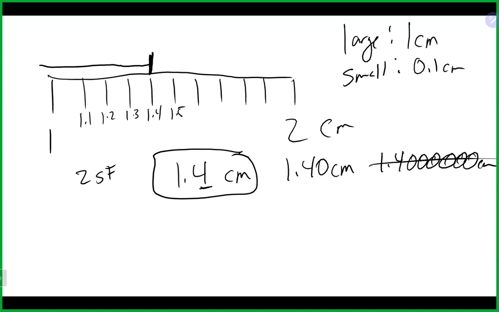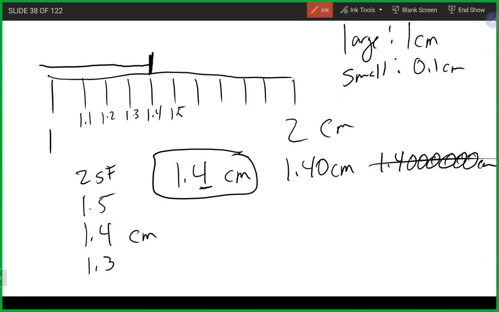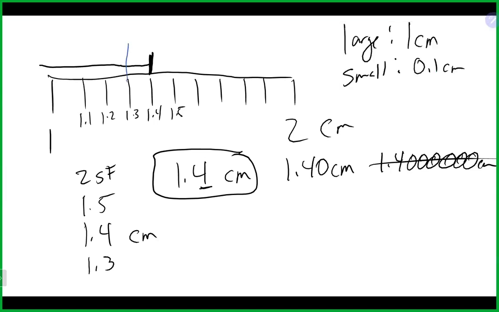So when I record 1.4 in this particular case, what I'm saying basically is I think it's 1.4 centimeters, but maybe it's like 1.5, or maybe it's as low as 1.3, that plus or minus of that uncertain digit up or down one. And that's basically saying when I look at this measurement that I just took off of the scale, I think it's somewhere in there, which is a big old area of uncertainty. That's a lot of uncertainty happening in this particular case.